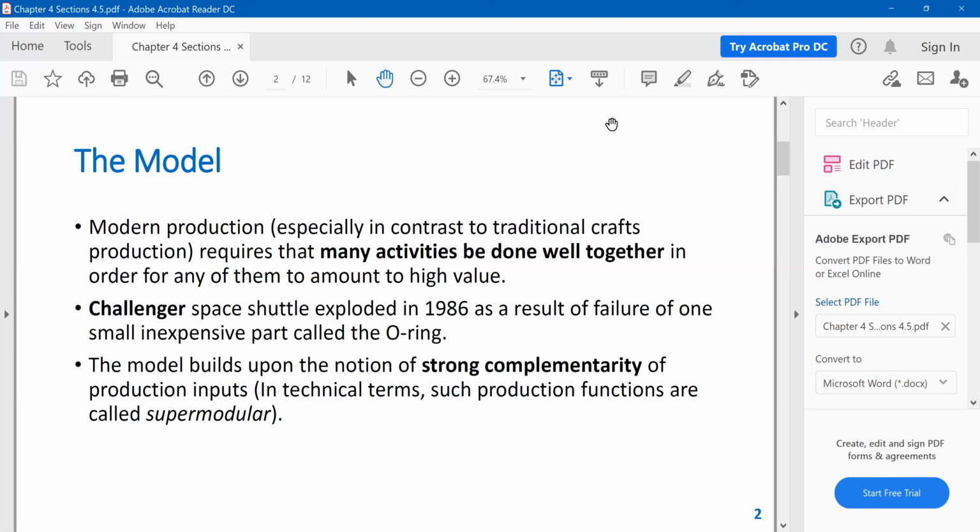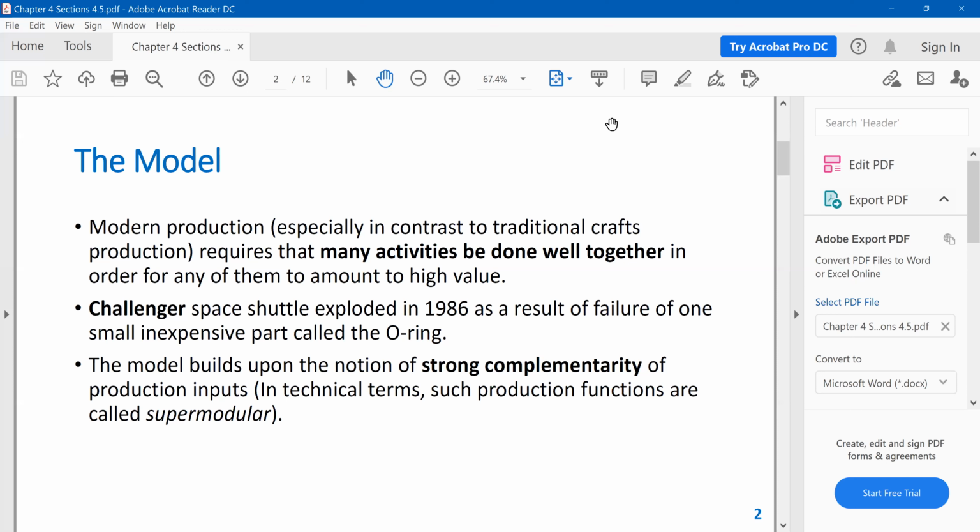The typical example, and this is where the name of the theory originates from, is that the Challenger space shuttle basically exploded because of the failure of one simple piece, which is called the O-ring.